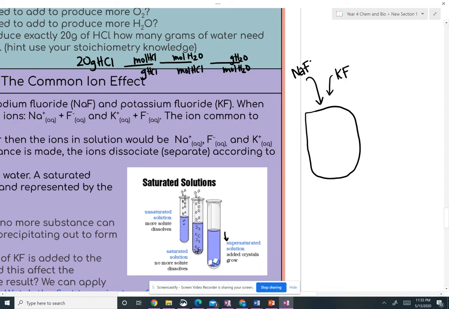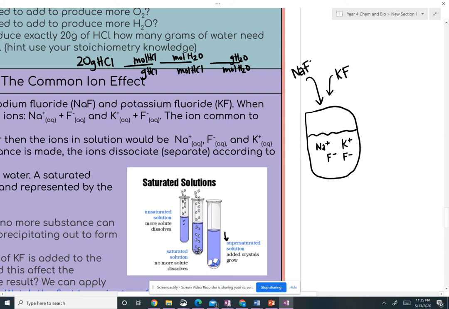When I dump this into a beaker and I'm trying to dissolve this salt, as you know, salts dissociate, or they're taken apart in a liquid, because water is slightly charged. So my first salt is going to dissolve into Na plus and F minus. My second salt dissolves into K plus and F minus as well.